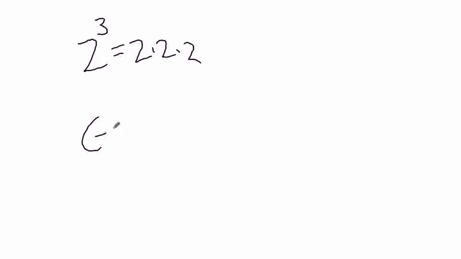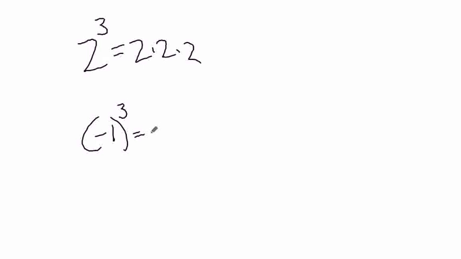Actually, before I do that, let me remind you that exponentiation is just repeated multiplication. So you can use that to understand exponentiation with integers. For example, suppose I had minus 1 cubed.